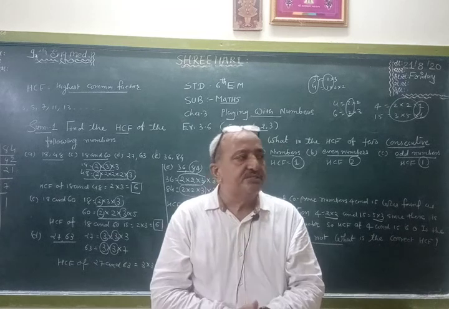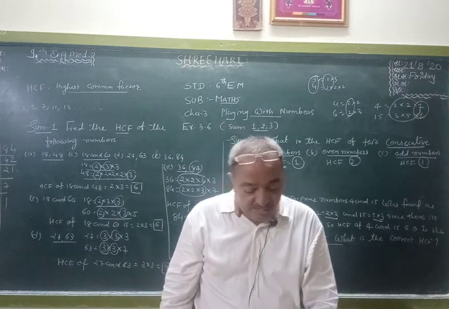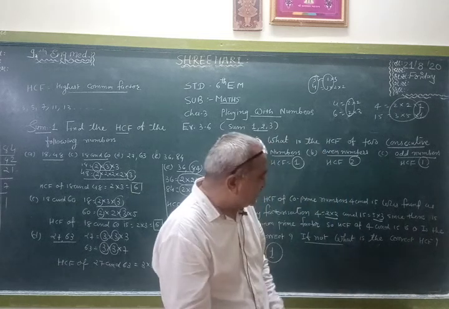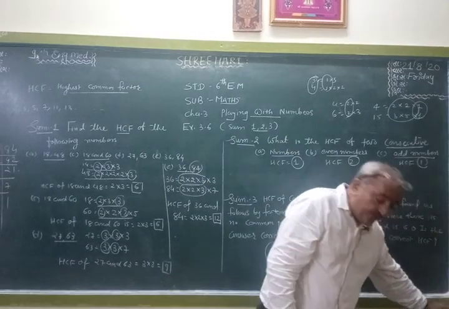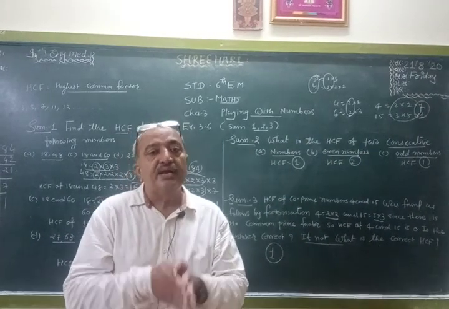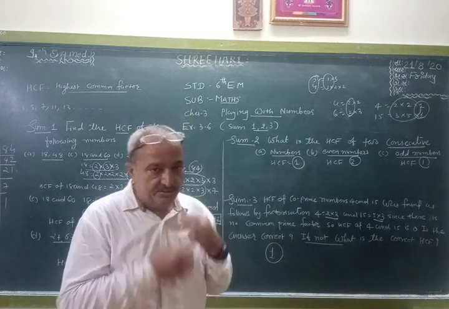Friends, today we studied HCF. The meaning of HCF is highest common factor and how we can find the HCF of any two or more numbers. So do prime factorization and find the same factors in them. Jai Shri Ram.